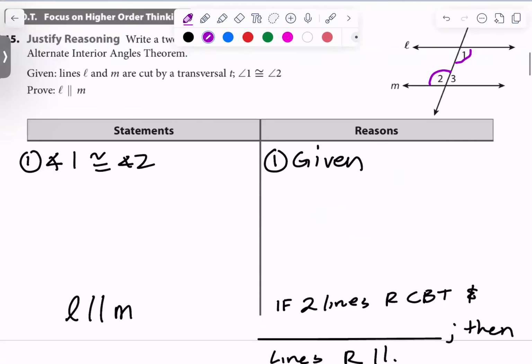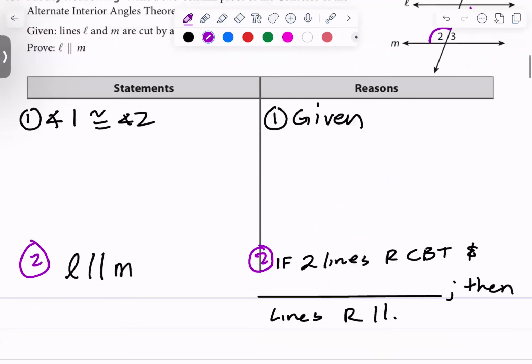We're given the fact that angle 1 is congruent to angle 2, and this is my second step. Because if two lines are cut by transversal and alternate interior angles are congruent, then the lines are parallel.